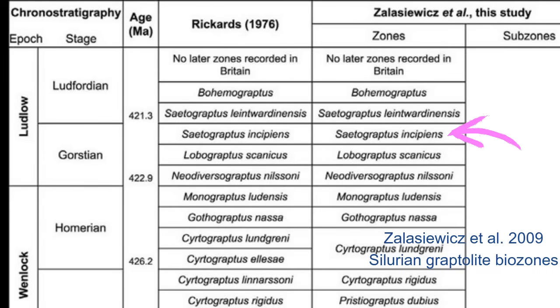This biozone is probably less than 1 million years long. So out of the entirety of geological time, one species of graptolite has narrowed it down to about a 1 million year interval. The problem is that that is based on our understanding of the range of Cetograptus incipiens in the rest of the world.